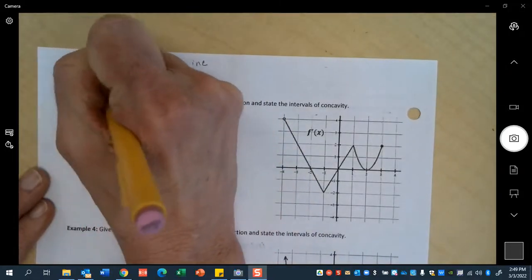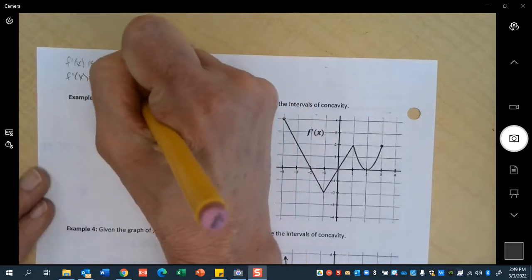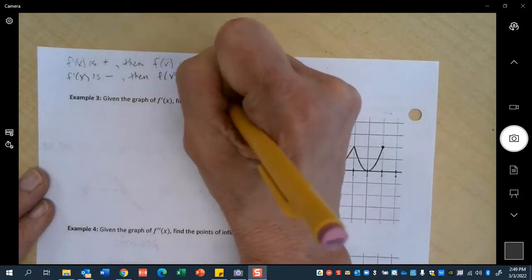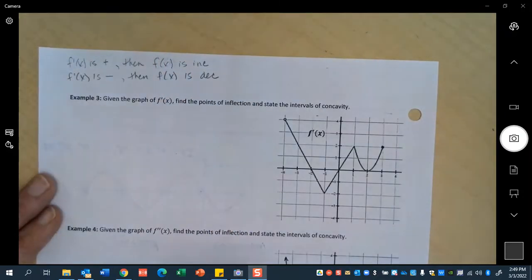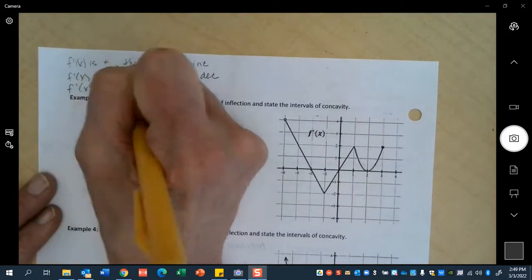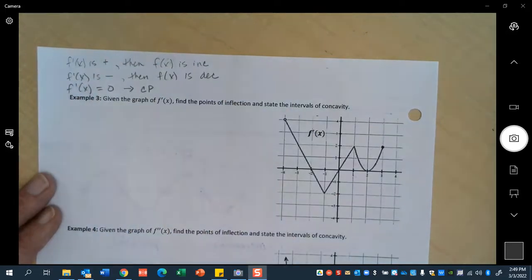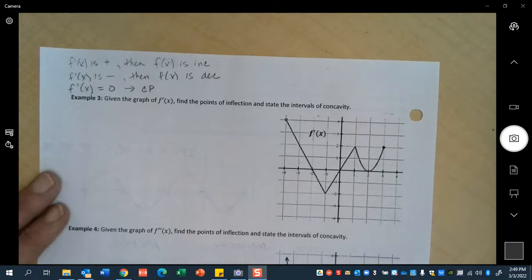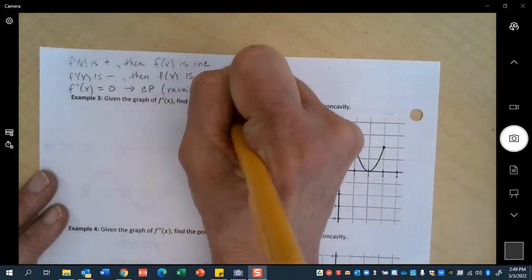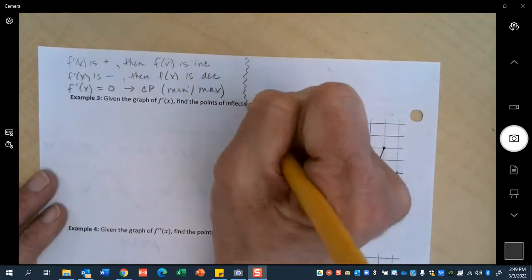If f prime of x is negative, if the slope of my tangent line is negative, then my original function is getting smaller, is decreasing. If f prime of x equals 0, that's where I find a critical point. My critical points help determine my mins and my maxes, the highs and lows of the original function.